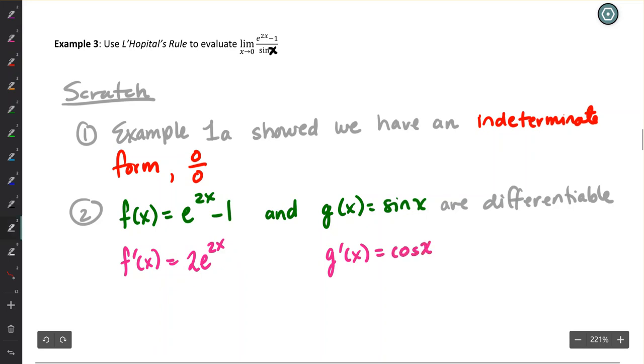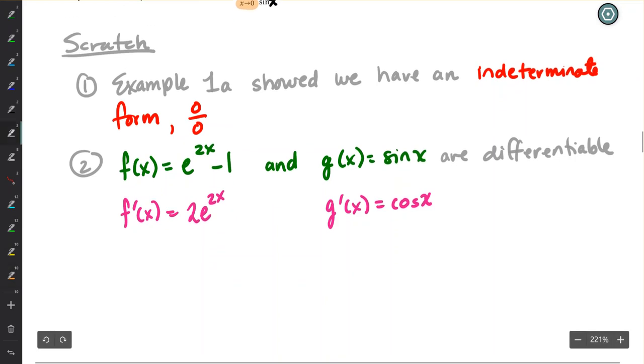And then the third thing is we need to say that the derivative of the denominator is not 0 for x values near wherever you're approaching. And in this case, we're approaching 0. Maybe I'll write that in English.